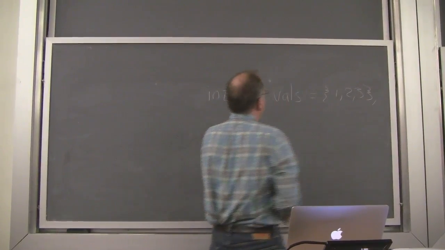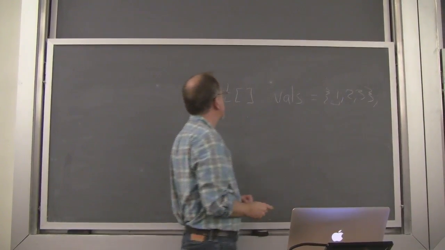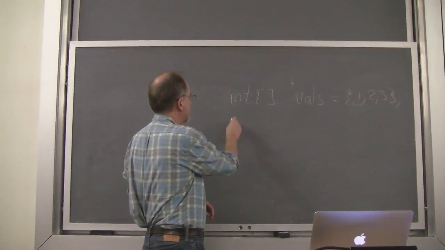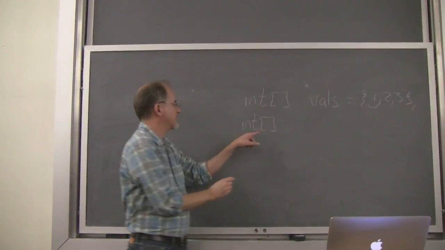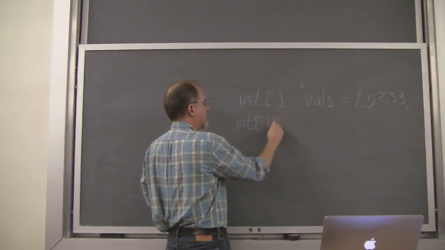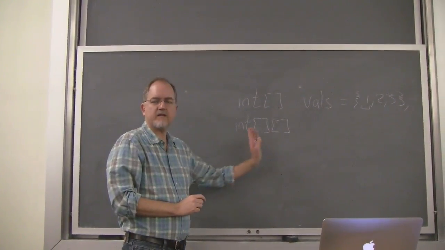These elements, instead of being int, can be an int array, in which case the type of thing the element holds is an int array, and I want an array of those things. Okay?